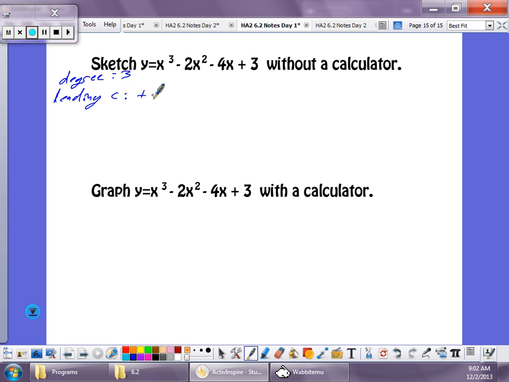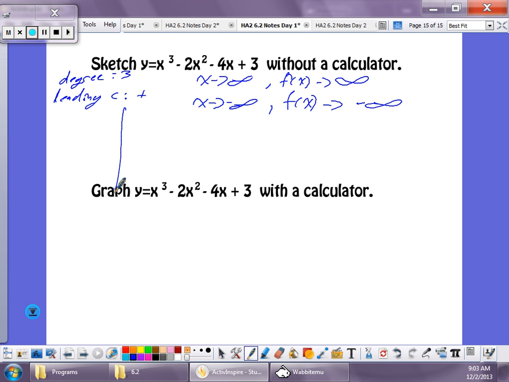So I have an odd degree with a positive leading coefficient, so I know then that as x goes to infinity, f of x is going to go where? Looking at your chart. Right, to infinity. And as x goes to negative infinity, again, we're looking at our chart at an odd degree with a positive leading coefficient. Where is it going to go? Negative infinity, good.